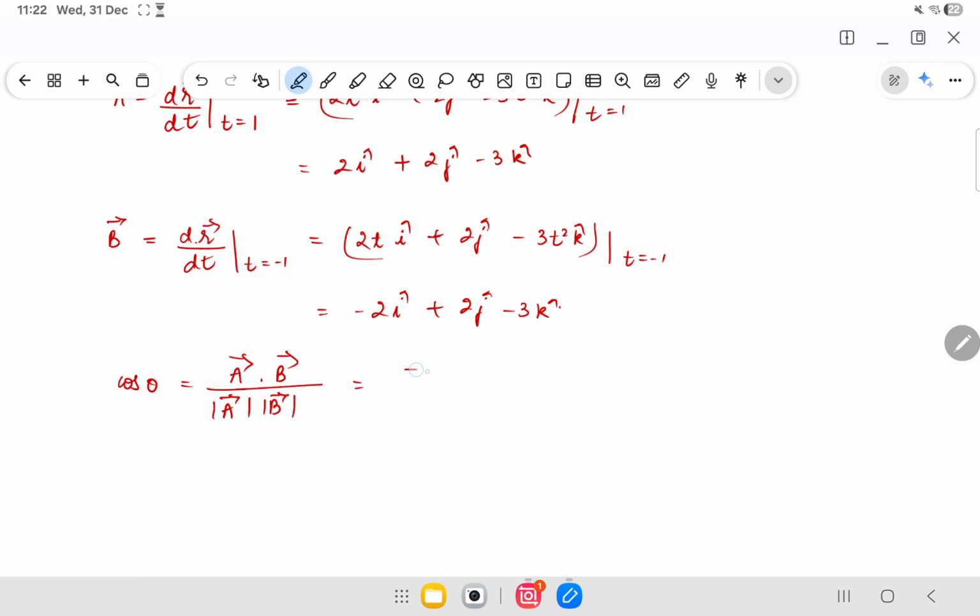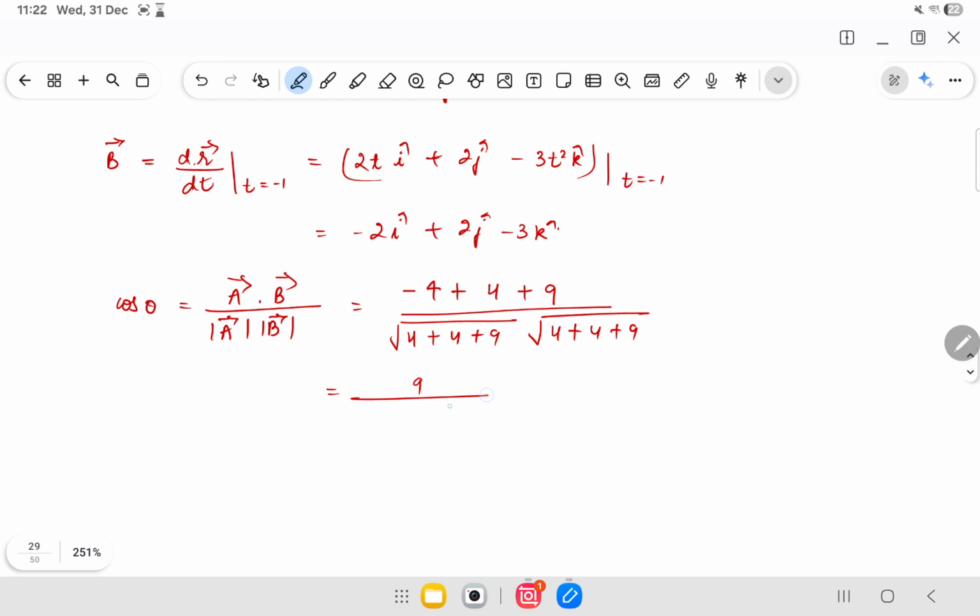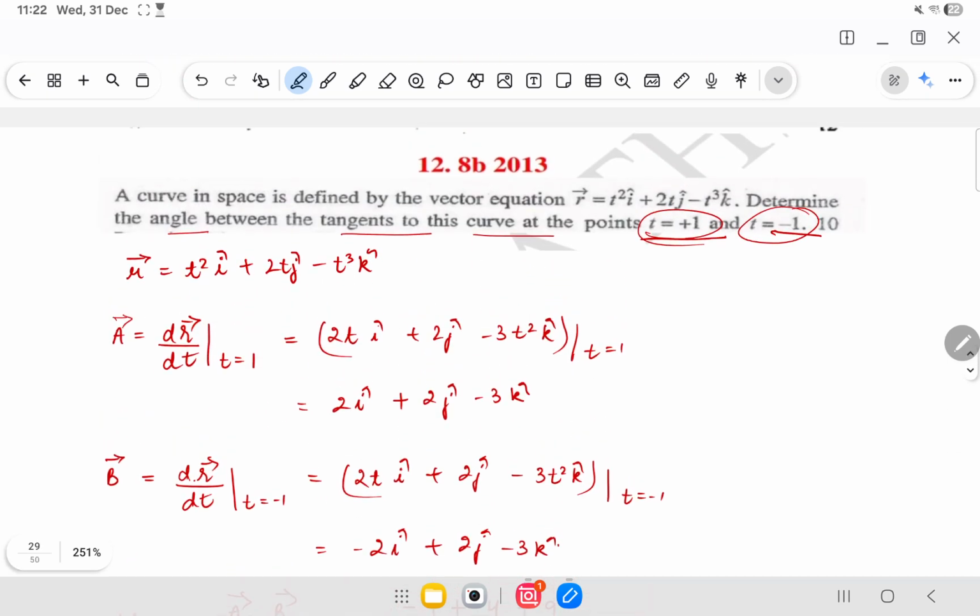It will be equal to (minus 4 plus 4 plus 9) divided by square root of (4 plus 4 plus 9) times square root of (4 plus 4 plus 9), which is equal to 9 divided by square root 17 times square root 17, which is equal to 9 divided by 17. So from here theta, the angle between the tangents at t equals 1 and minus 1, is cos inverse 9 by 17. So this is what they have asked.